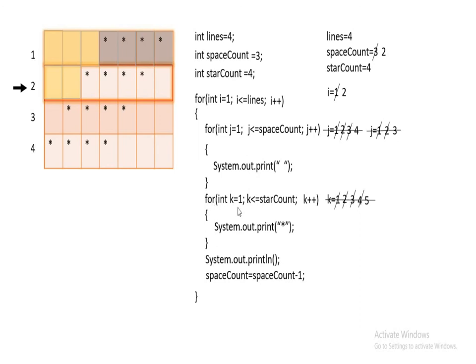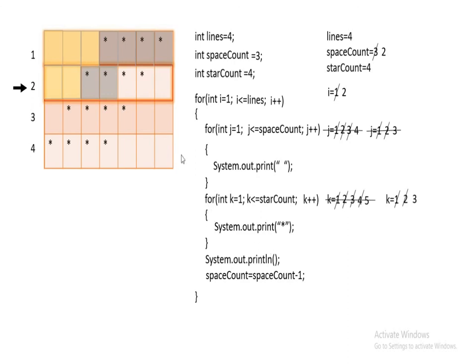Now k equal to 1. 1 is less than or equal to 4. So print star. Now k becomes 2. 2 is less than or equal to 4. Again print star. Then k becomes 3. 3 is less than or equal to 4.